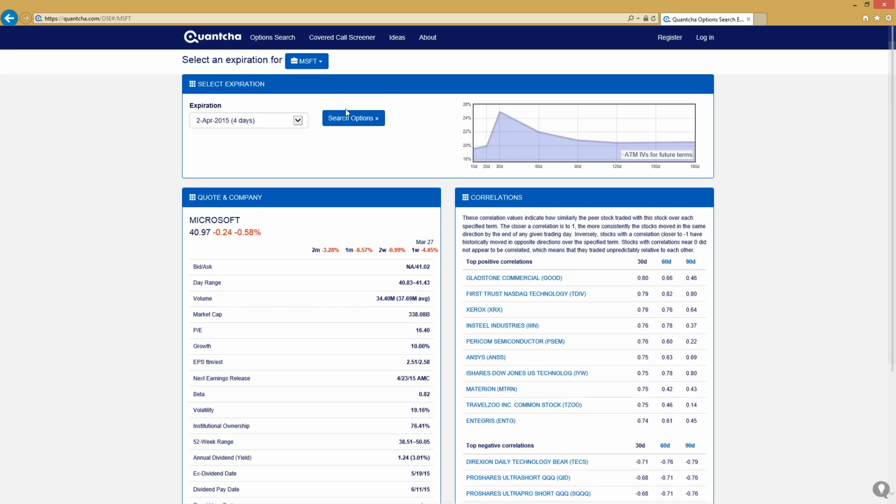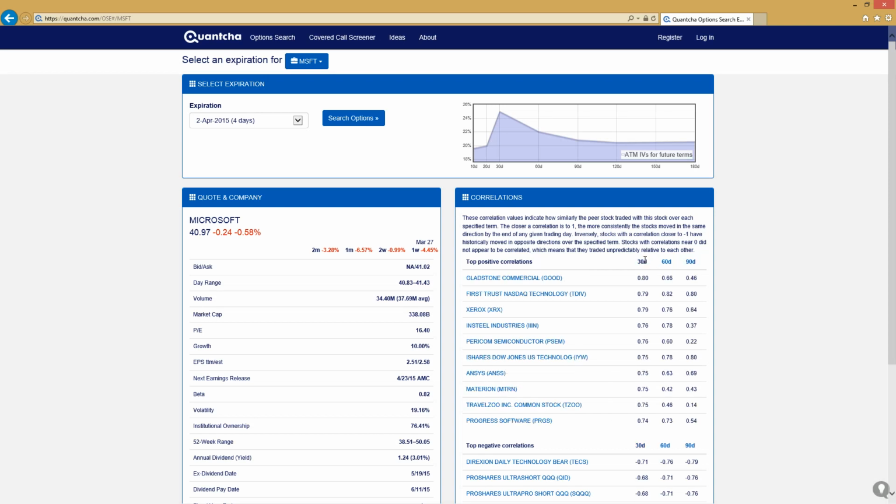So on the days when Microsoft went up over this 30-day period, Gladstone was likely to go up, and the Direxion Daily Technology Bear was likely to go down, which is really no surprise for a tech bear fund. You can also easily sort by the 60-day and 90-day, and you can see all the different ones. In this case, it looks like typically 30, 60, and 90 have a pretty common correlation, but you see it does change.